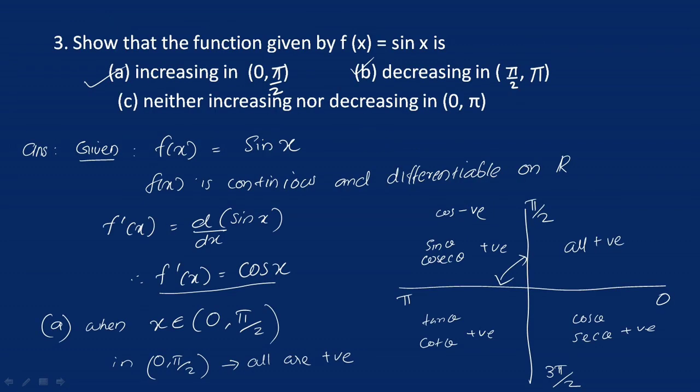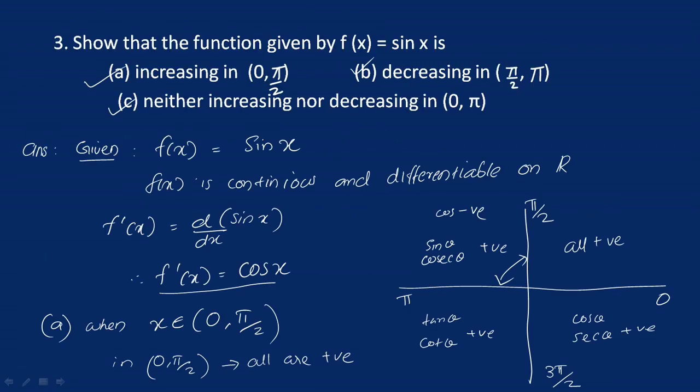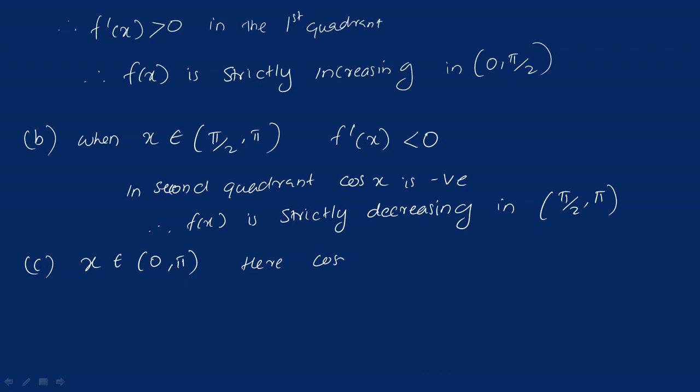Now the third part of the question, that is neither increasing nor decreasing in 0 to pi. So when x belongs to 0 to pi, it is clear from the quadrants that from 0 to pi by 2 cos x is positive, and from pi by 2 to pi it is negative. So here cos x is neither positive nor negative.